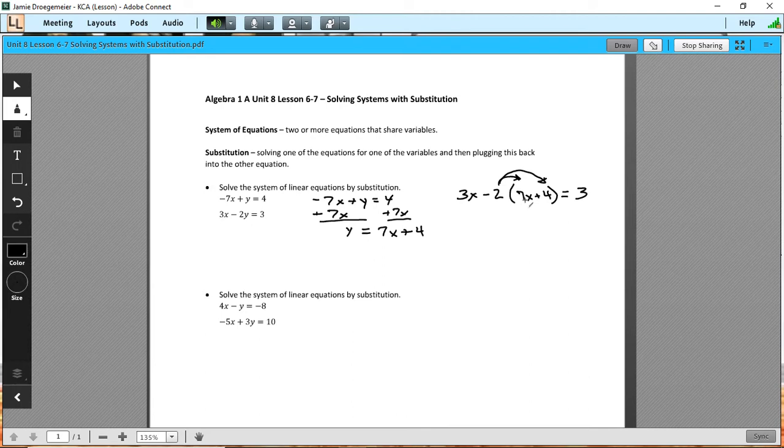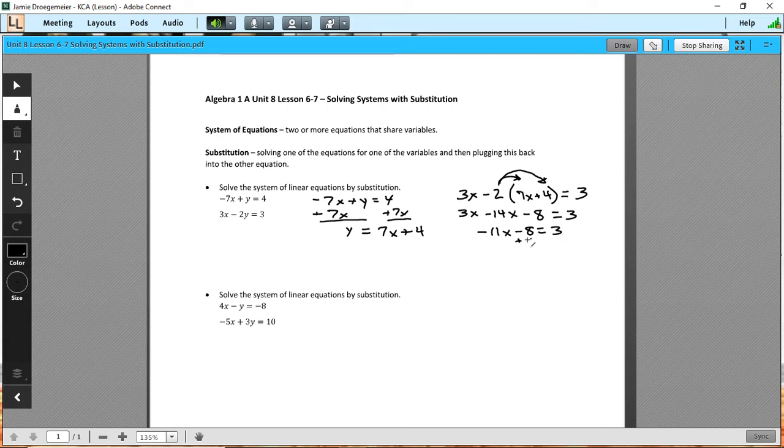I'm going to start by distributing that negative 2 to each term here. So I'd have 3x, negative 2 times 7x is negative 14x, and negative 2 times 4 is negative 8. Now I can combine my like terms. 3x minus 14x gives me negative 11x, minus 8 equals 3.